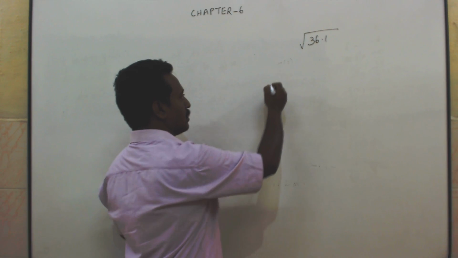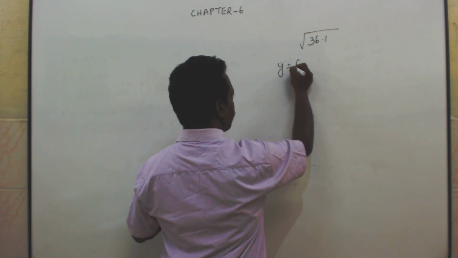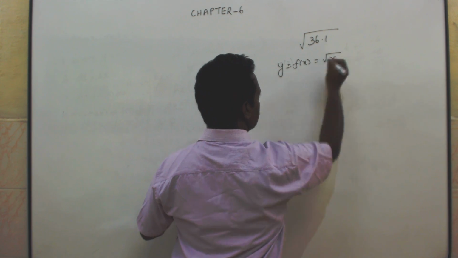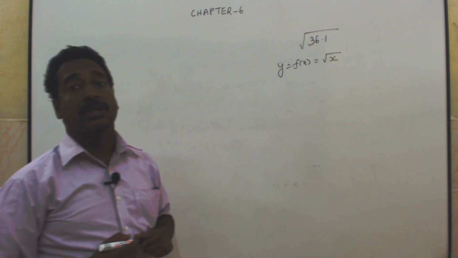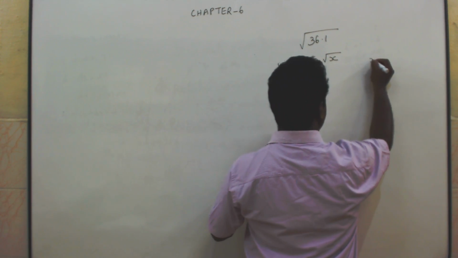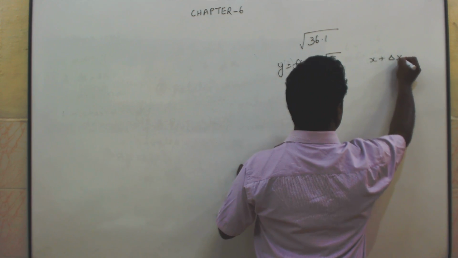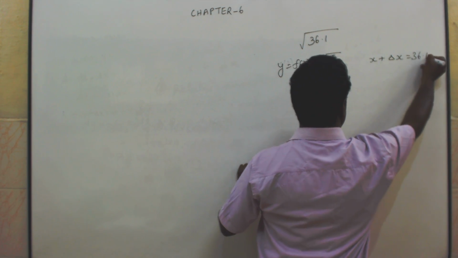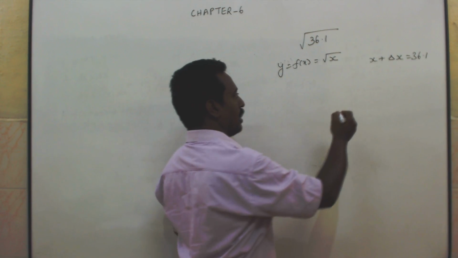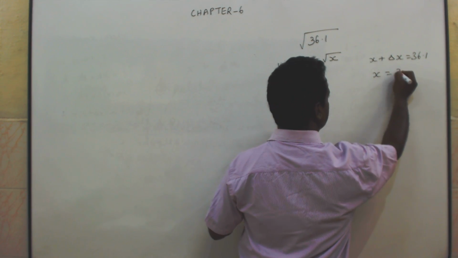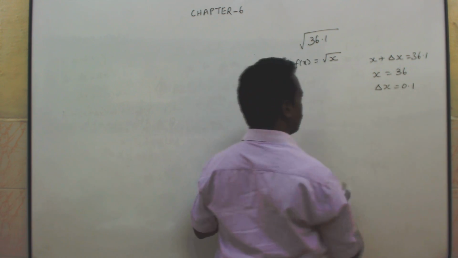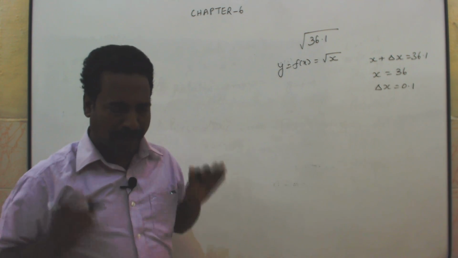Already we know that y equal to f of x equal to root x. Here x plus delta x is equal to 36.1, nearer square root value is 36, therefore, x is equal to 36, delta x is equal to 0.1. The first part of the problem is over.